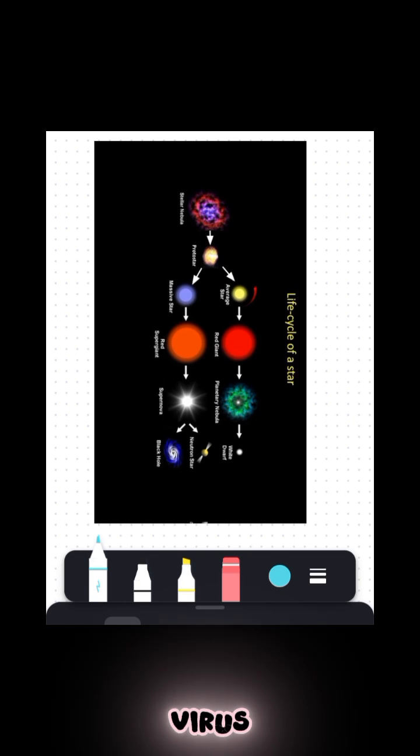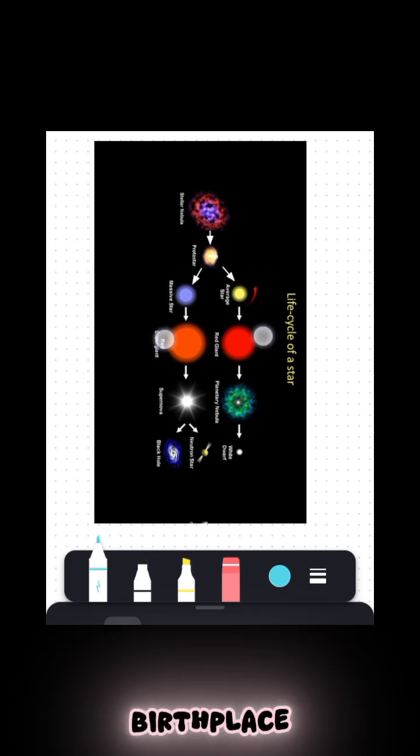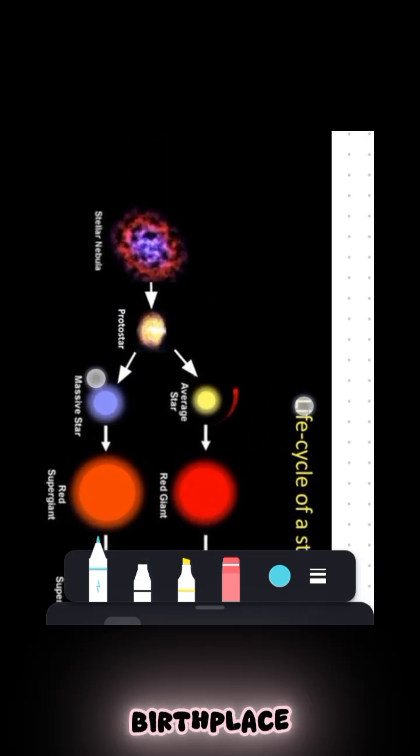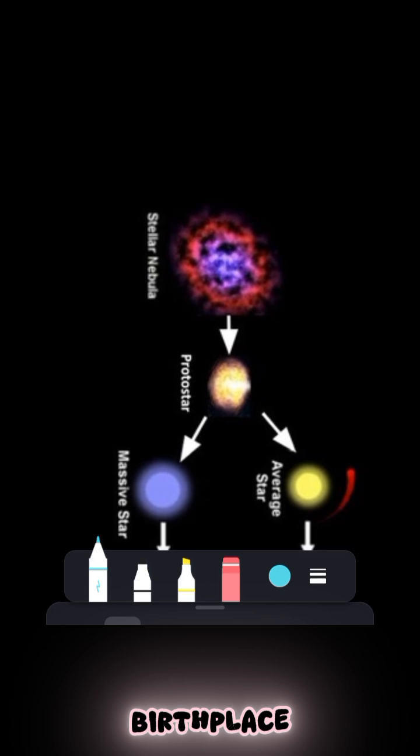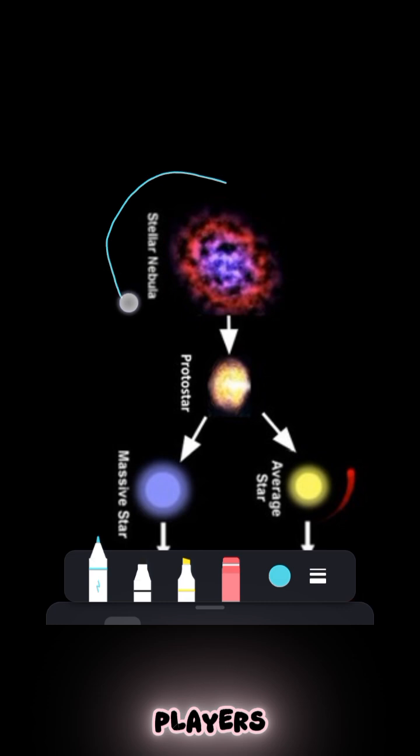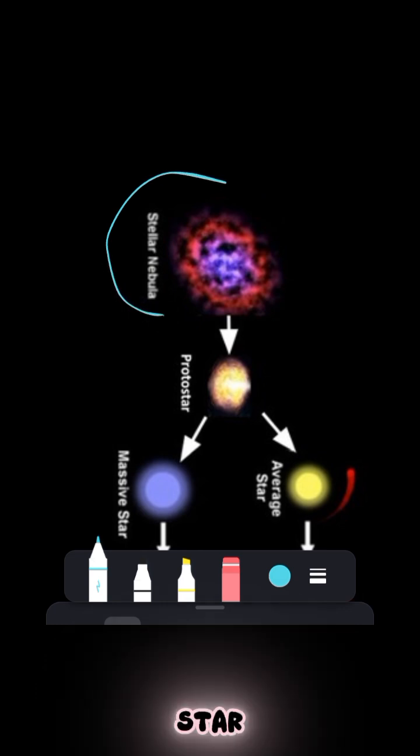Okay, so in the picture you can see the life cycle of a star. Here you can see a purple and red shape. It looks like a virus, but it's not a virus. It is called a stellar nebula, which is the birthplace of the star. A star begins in a huge cloud of gas and dust, and gravity pulls the gas together.